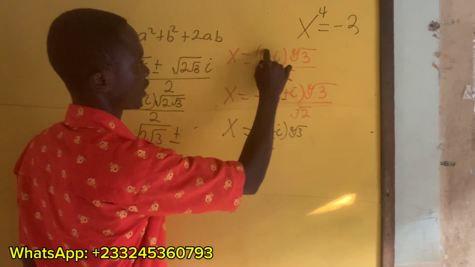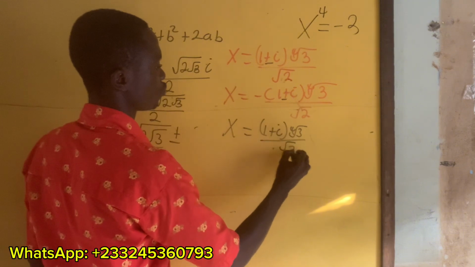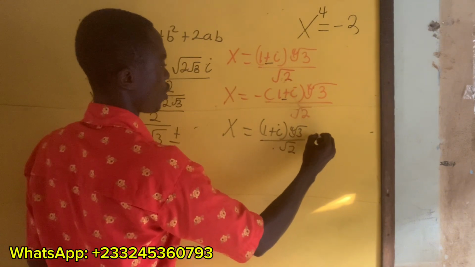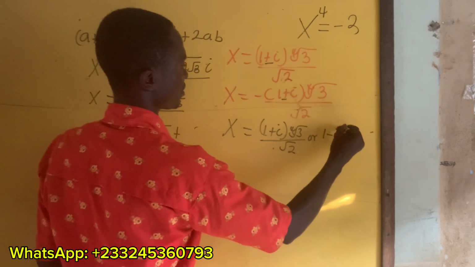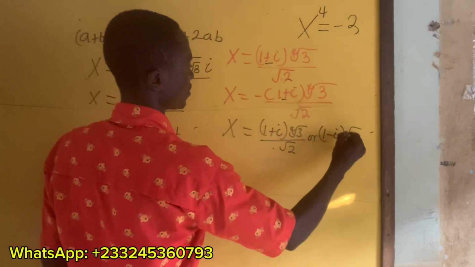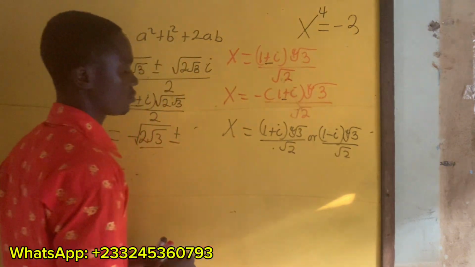So because I have plus or minus here, the first solution will be 1 plus i or 1 minus i, the 4th root of 3 on root 2.